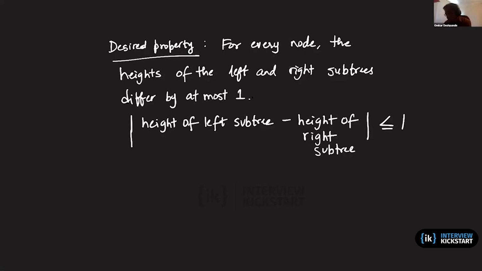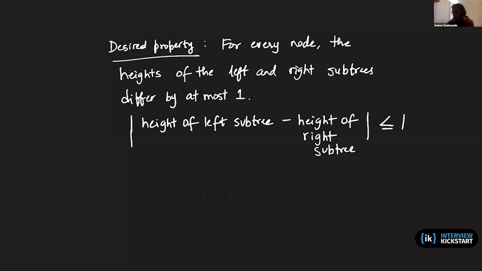And you might have seen some problems earlier in your trees class which use this property as the definition of a balanced tree, right? For example, the problem where you're given a sorted array and you want to build a balanced binary search tree out of it. But the definition, if you note there, was basically this.